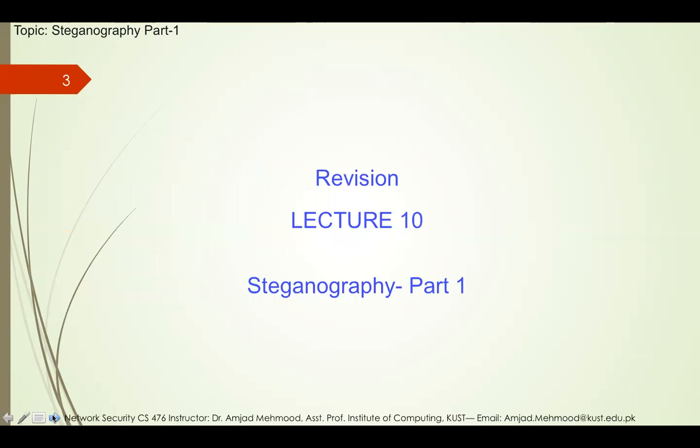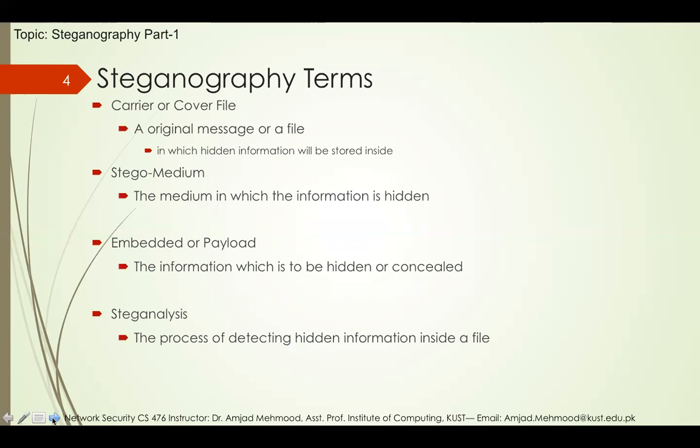So let's start with the revision of lecture number 10, which was on the topic steganography part 1. There are certain terms which you need to know before understanding this lecture. The original message or file in which the hidden message will be stored, we call it a carrier or cover file.